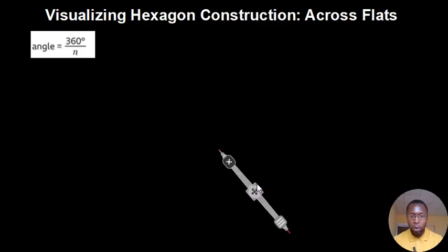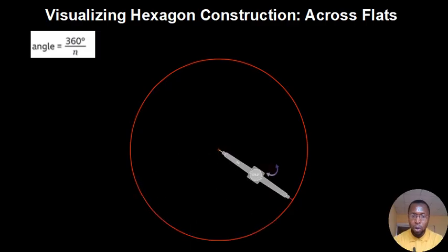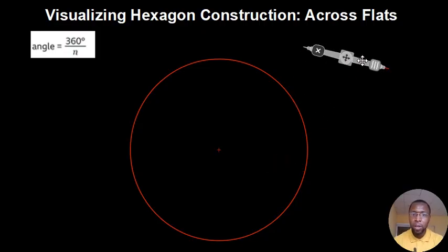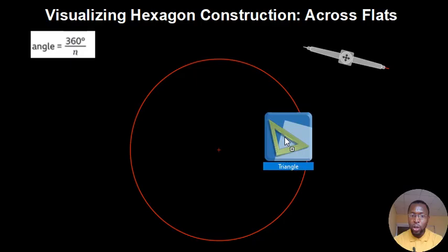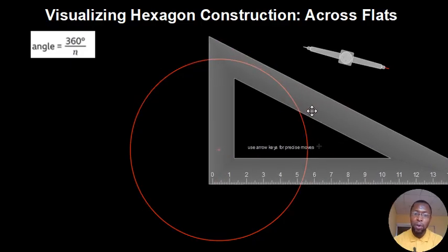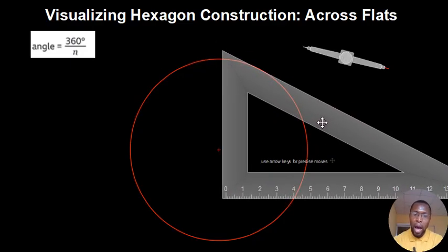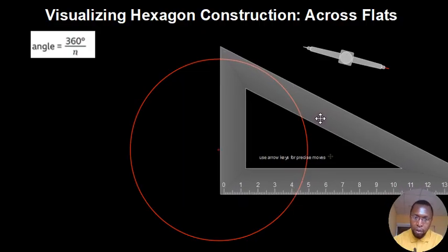So this circle is big. Let's reduce it so we can visualize everything. So you draw this. So this is a circle using the across flat method. The next thing is to draw your vertical diameter, and to make it easy for us, I will use a set square that is a 90 degree set square, so I can use it to get the vertical parts.